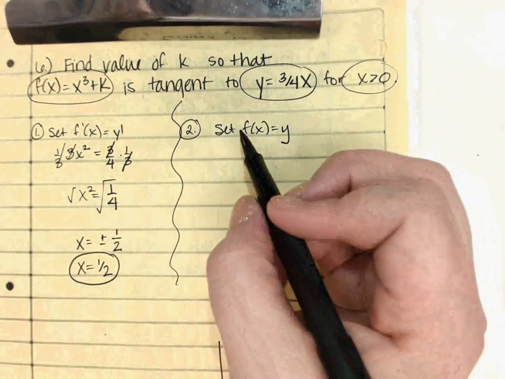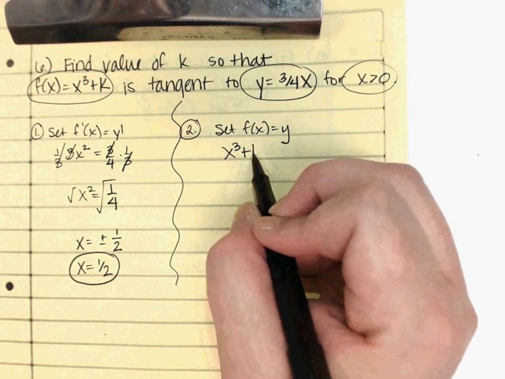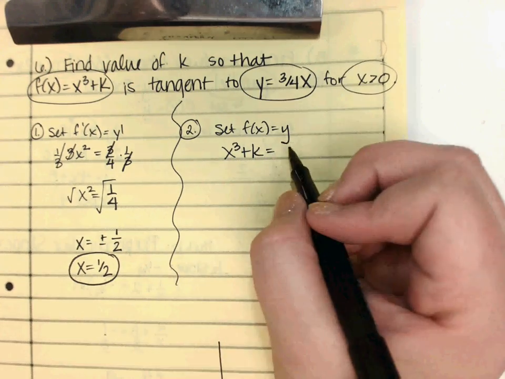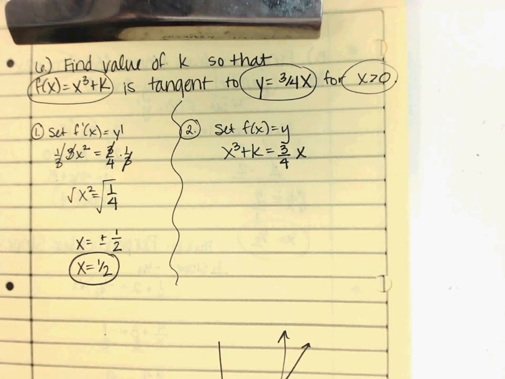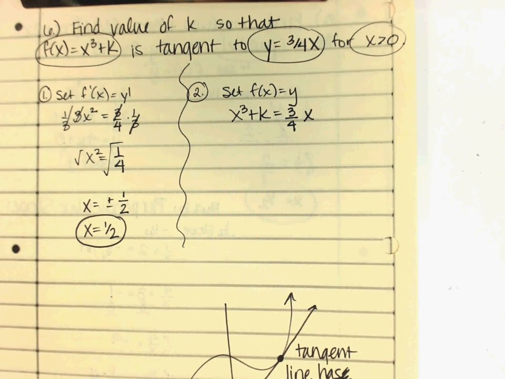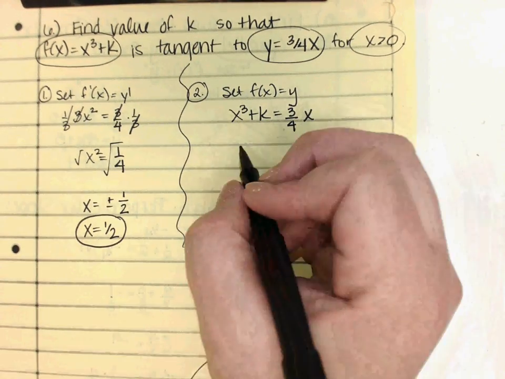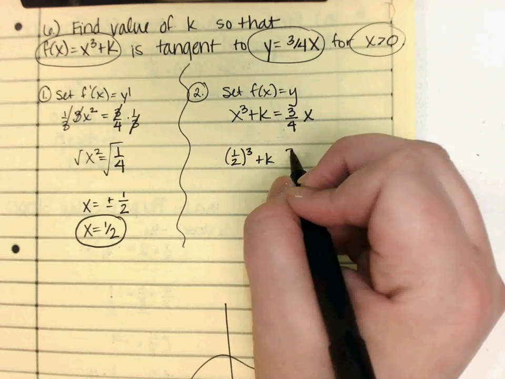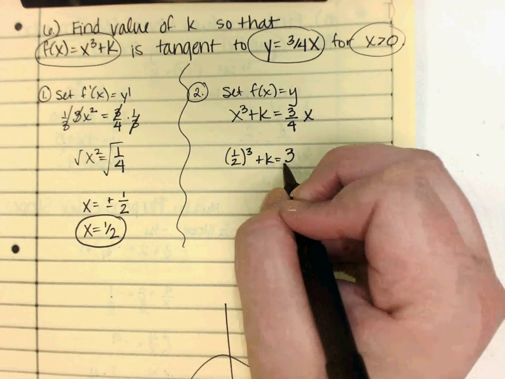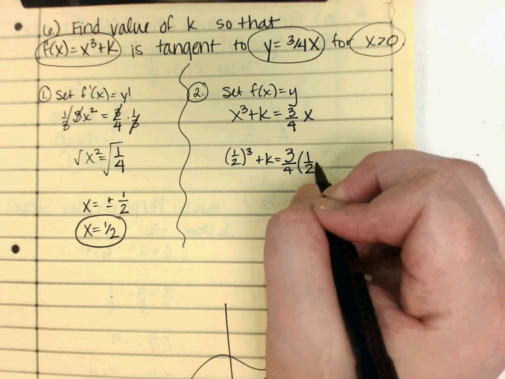So f of x is x cubed plus k, and then 3/4 x. Now, where do they have to be the same at? What x value? A half. So that's a half cubed plus k, and that's 3/4 of a half.